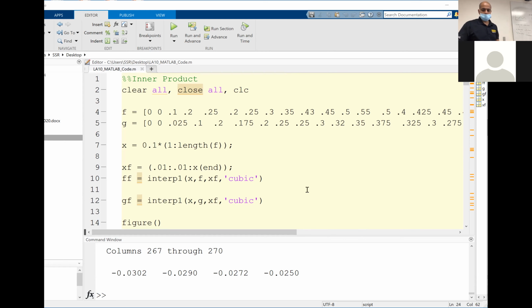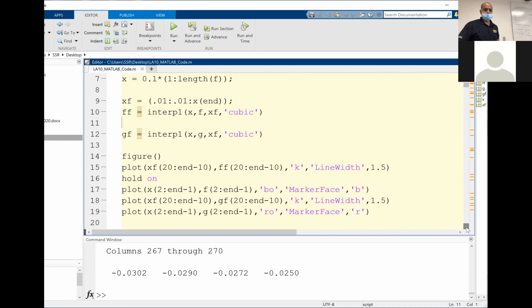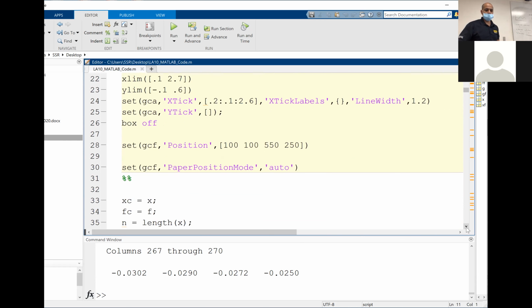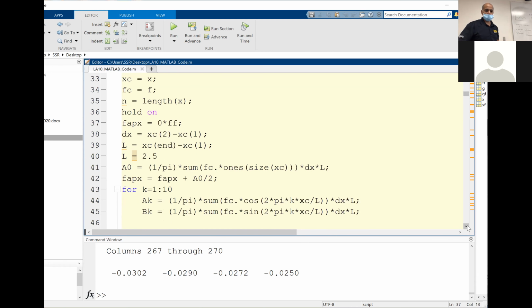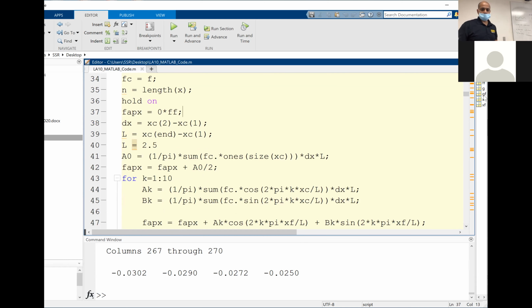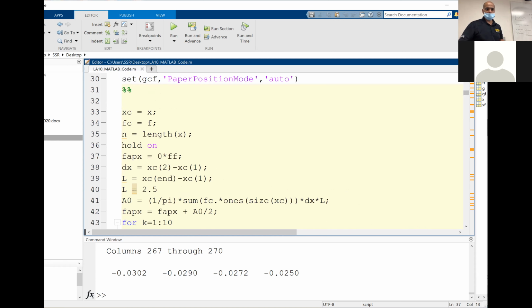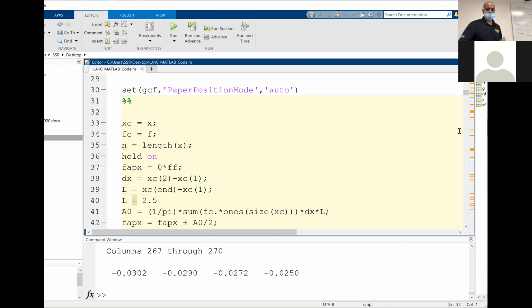So in the next part, I want to find the inner product. In the inner product, I can multiply those two in matrix form, or I can find out how much cosine component and how much sine component is inside, and then perform the decomposition.